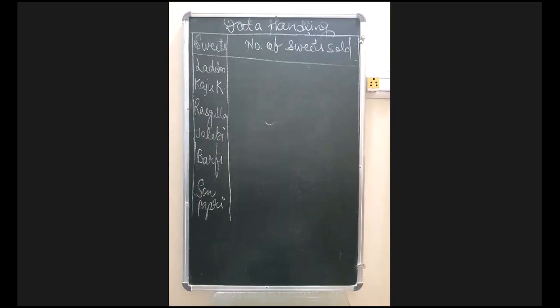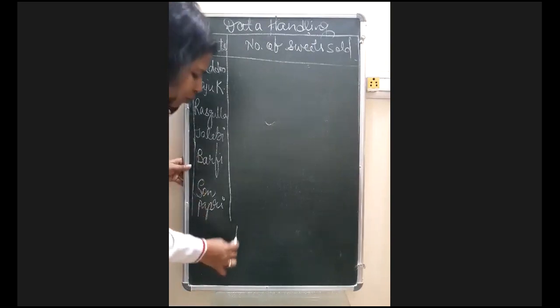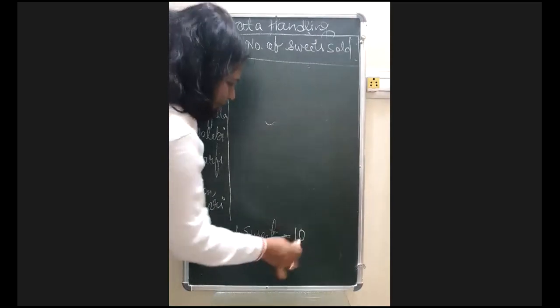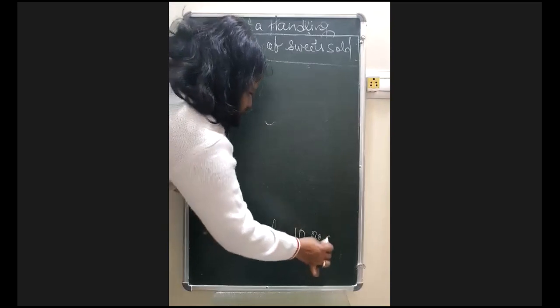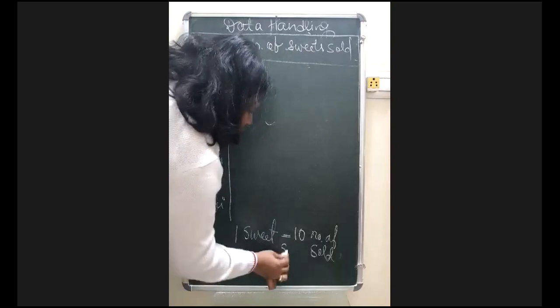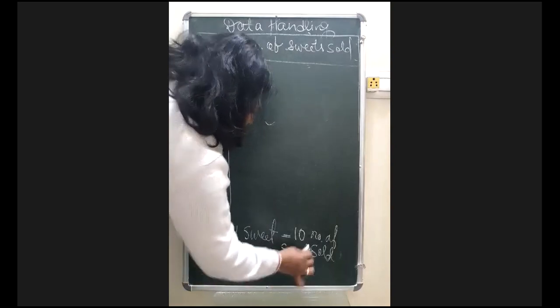Categorizing the data means we take one and group it in some amount of numbers. So one sweet will represent 10 sweets sold.